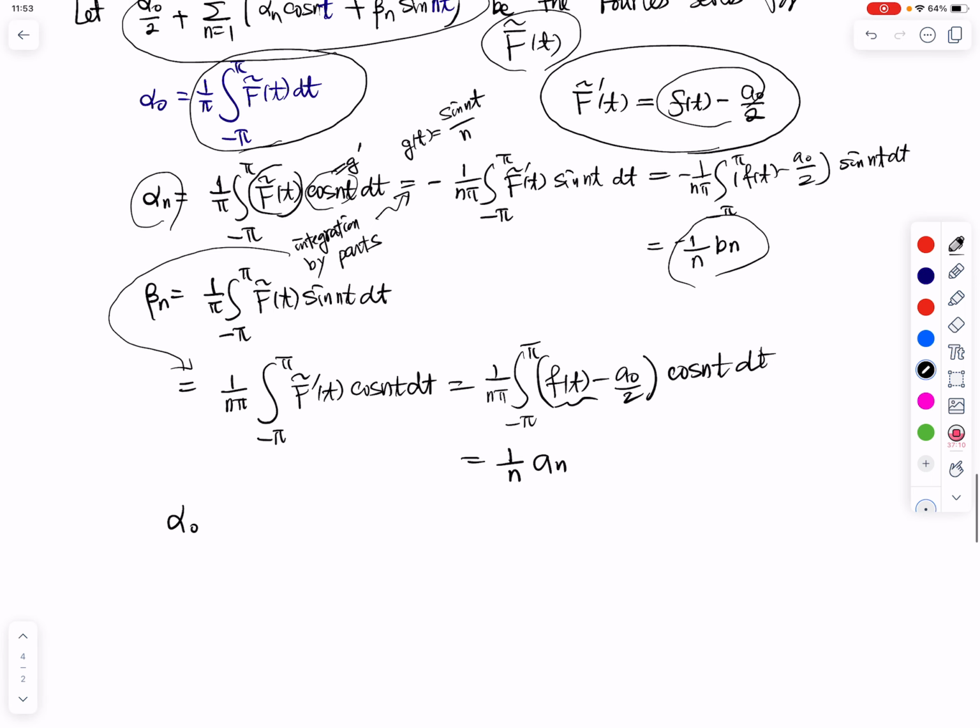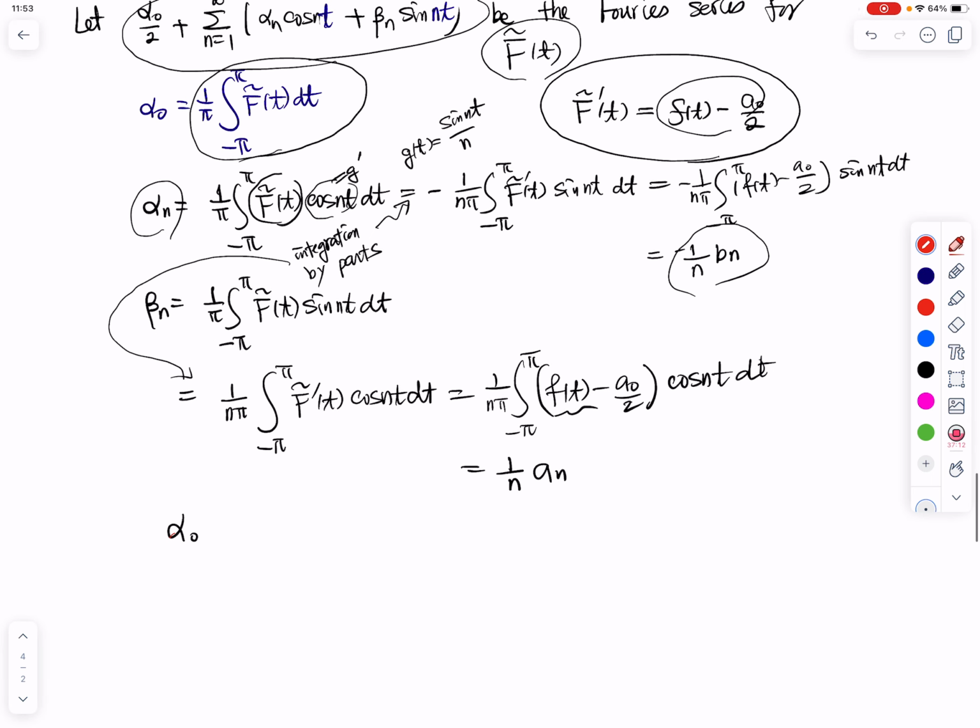So in order to compute alpha 0, we use the Fourier theorem.